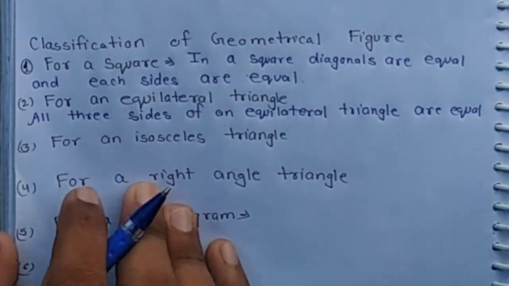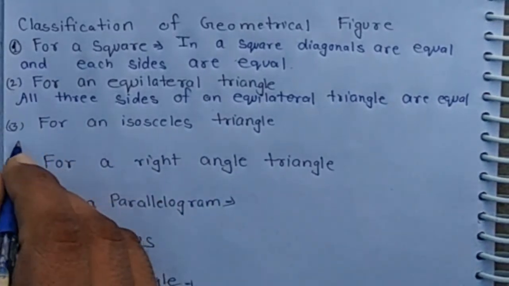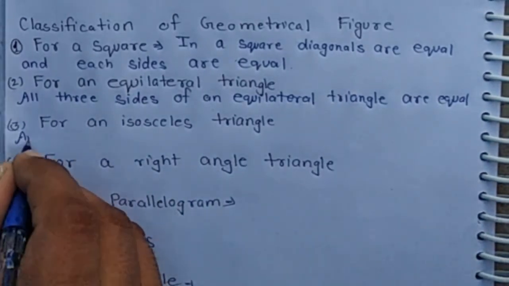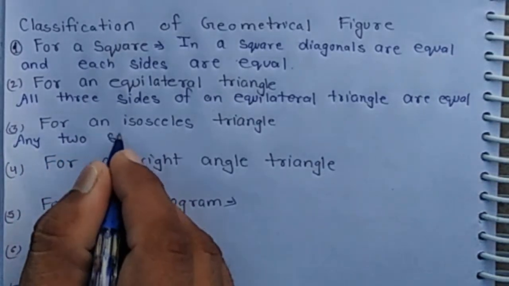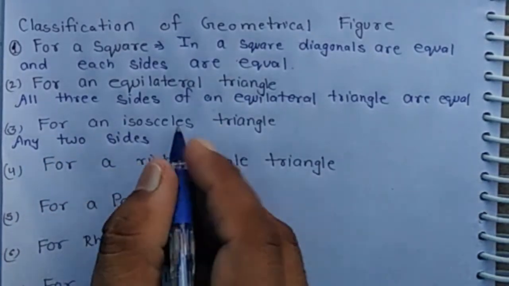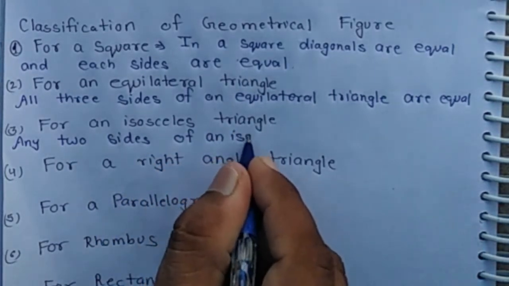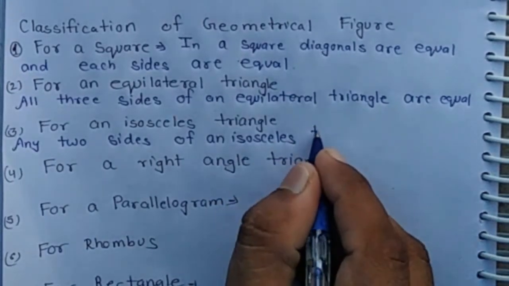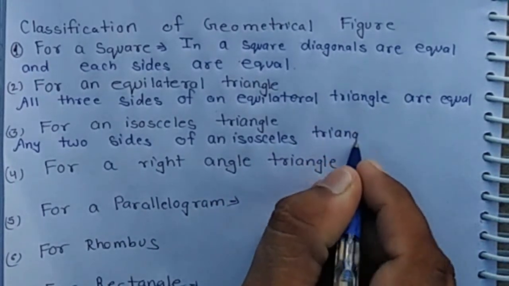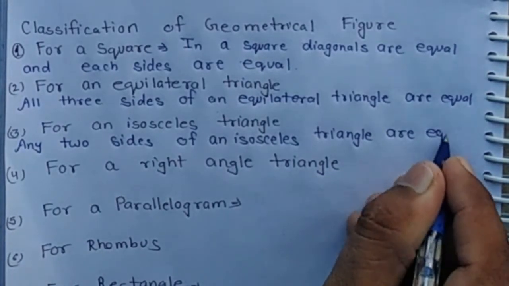For an isosceles triangle, any two sides of an isosceles triangle are equal.